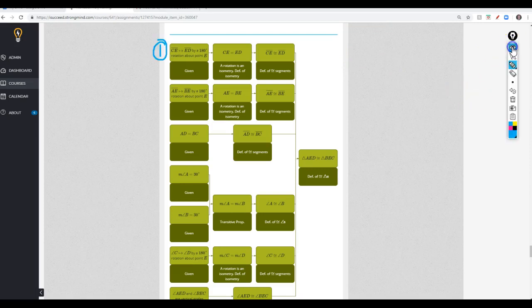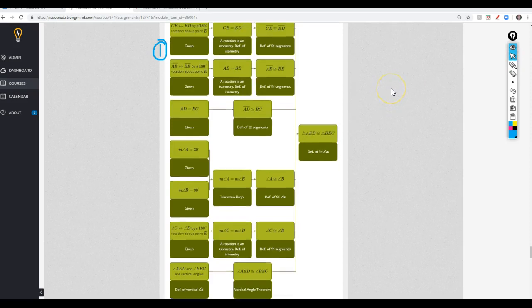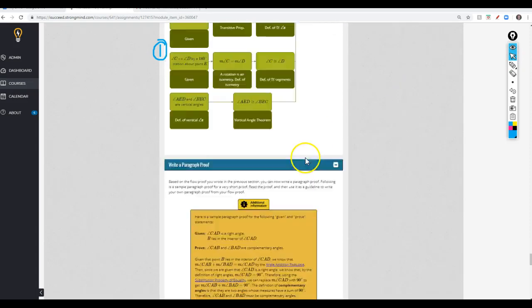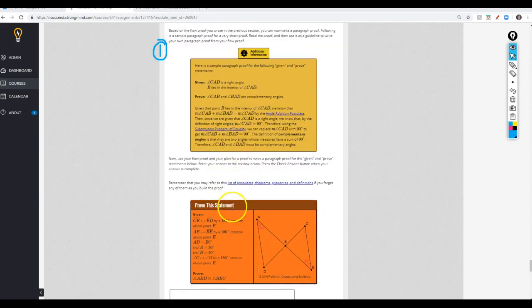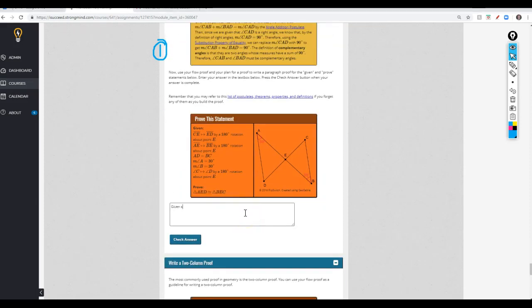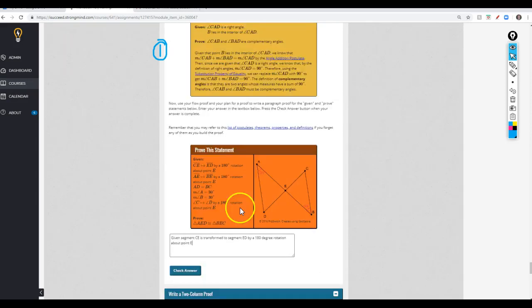So if we do that, we're going to have: given that segment CE is transformed to segment ED by a 180 degree rotation about point E. That is what was given.